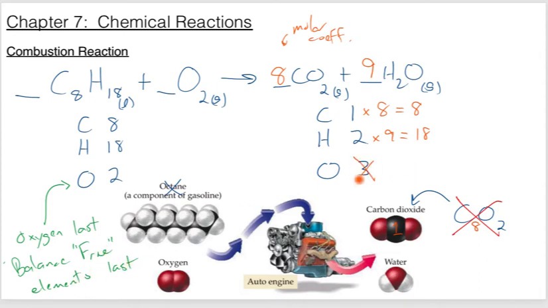Okay, so it's no longer 3. What we have, let's just write it out: 2 times 8 coming from the CO2, 1 times 9 coming from the oxygen in the water molecule, and that's equal to 25 oxygen atoms now here.